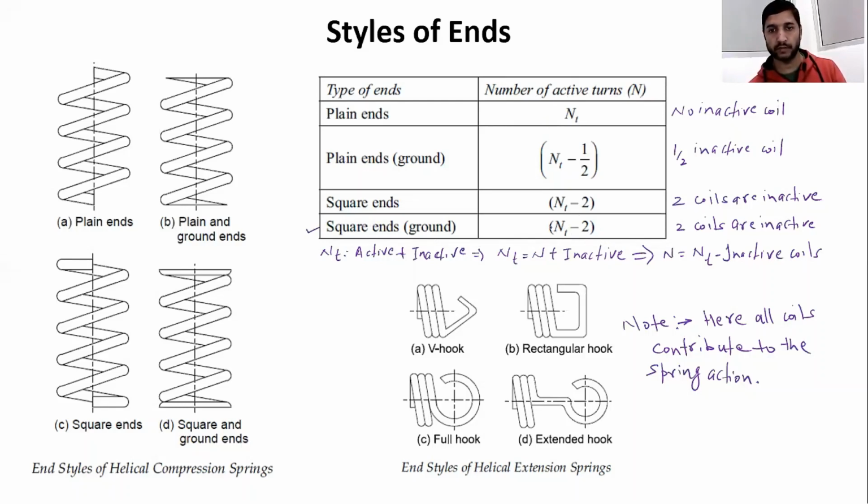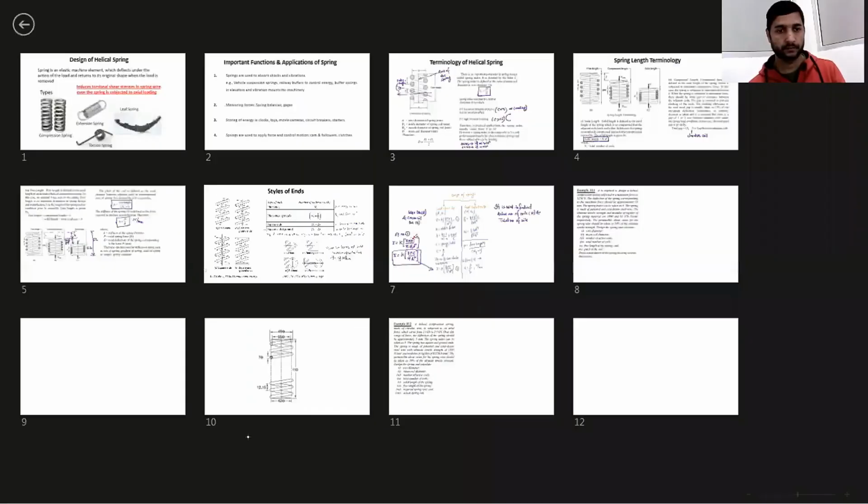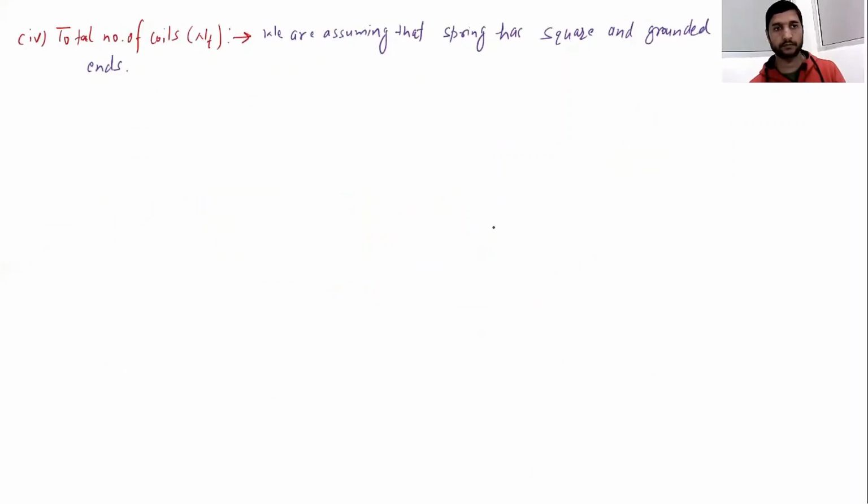Okay, from this particular table, you are getting the value of active number of turns as NT minus 2, where 2 are the inactive coils. So N will be equal to NT minus 2, and from here now we will find out total number of coils as N plus 2.